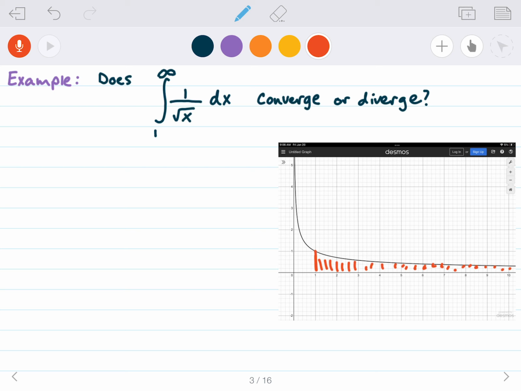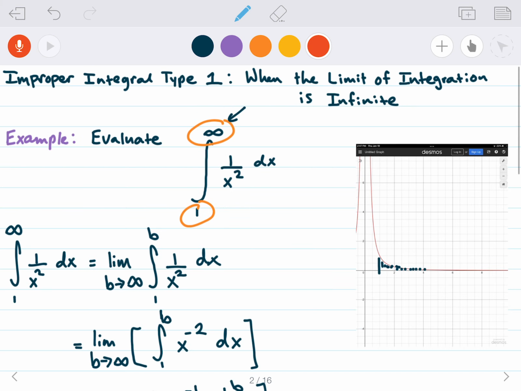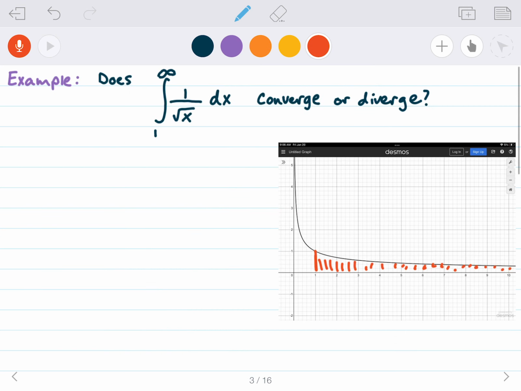It looks like as x goes on to infinity, the areas aren't shrinking fast enough, right? I mean, we saw in the first example, this graph was getting super close to the x-axis really quickly. But this one, not so much. I mean, it is getting close to the x-axis, but is it getting close quick enough? That's what we need to prove using calculus.